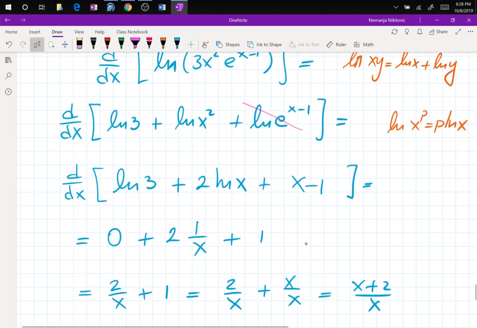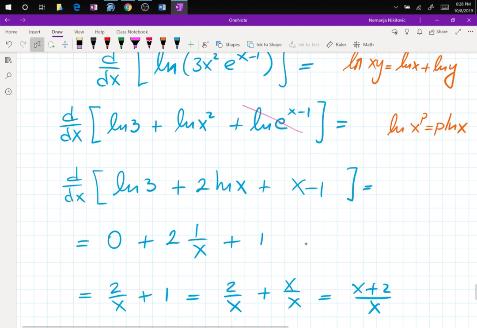So we did the algebraic transformation where we took the original problem, used the properties of logs to break the problem down into three separate terms, because we have multiplication, 1, 2, 3 factors here.